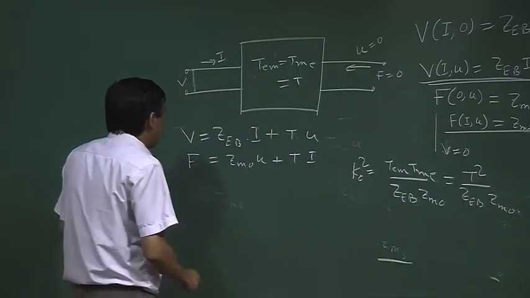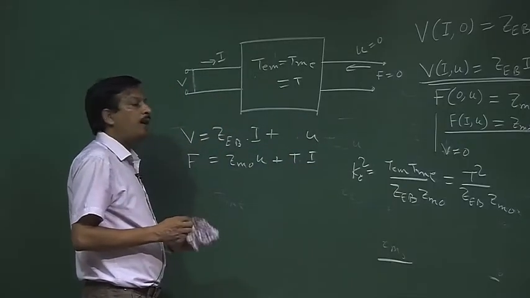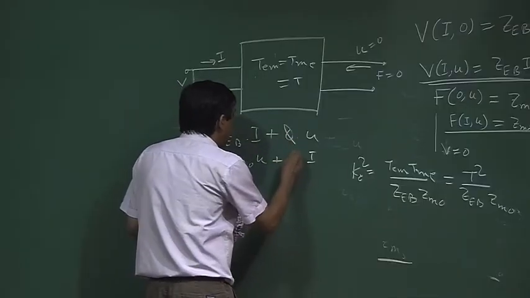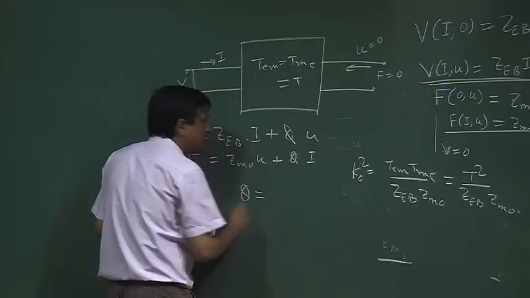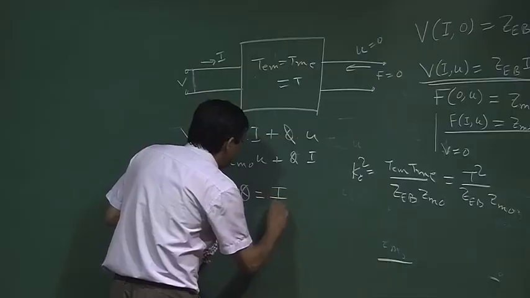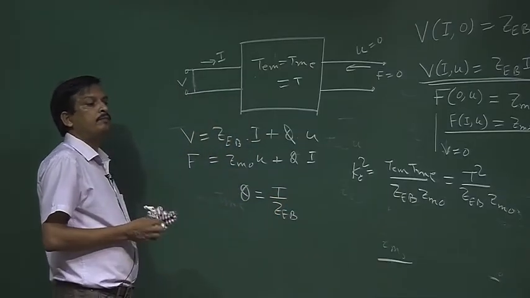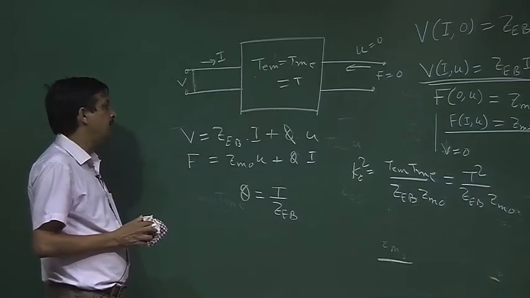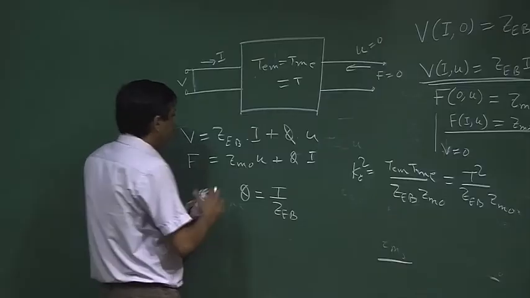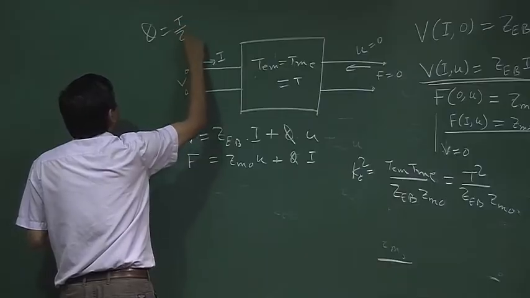Okay. I replace this T by a transduction factor phi, where phi is equal to T by JdV. So, I can write this equation, phi is equal to T by JdV.